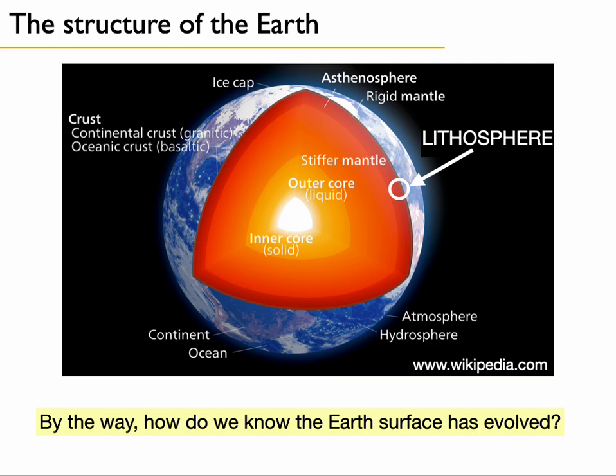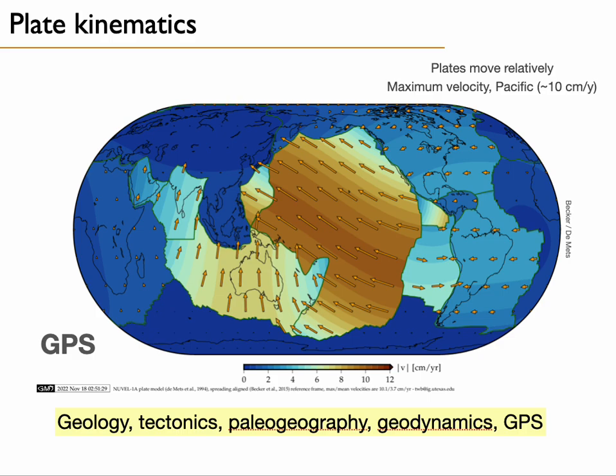The next question that I want to ask you is, how do we know that the Earth's surface has evolved over geological times? And this is thanks to the combination of knowledge from many disciplines, including geology, tectonics, paleogeography, and, for example, geophysical studies such as GPS.